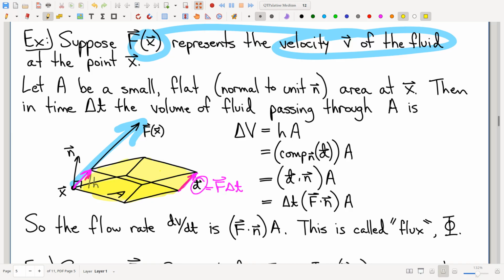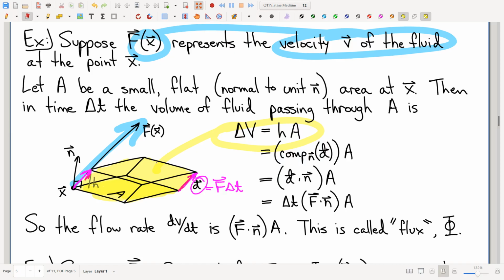That's the grand total amount of water that passes through that surface in time delta t. I just need to compute the volume of that. And now we actually have everything we need to be able to do this computation very quickly.